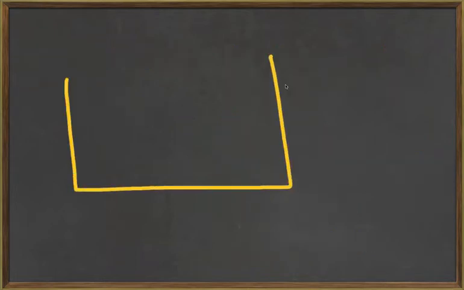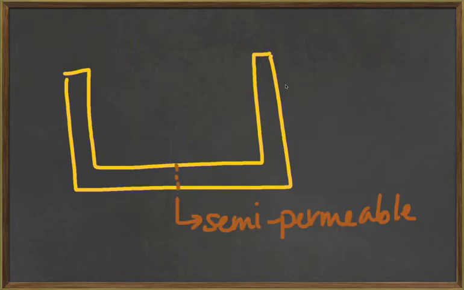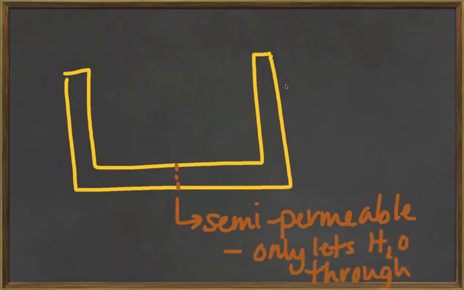If I drew a picture of this, say I have what we call a U-tube, and in the middle of this U-tube, I have a semi-permeable membrane. This membrane, in the case of osmosis, only lets water through. It's the only thing that can pass. I'm not talking about any particle or any molecule besides water. So say I have two different solutions in my U-tube.